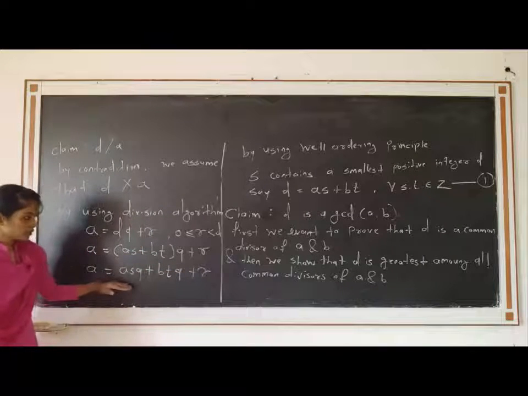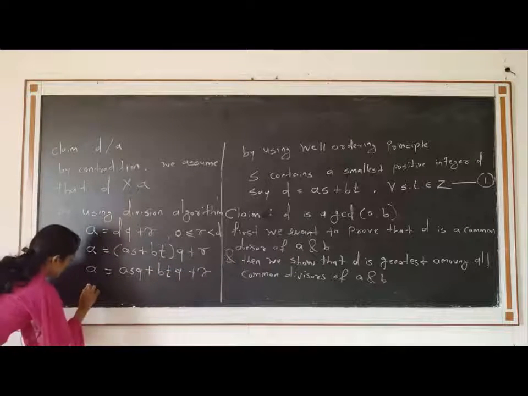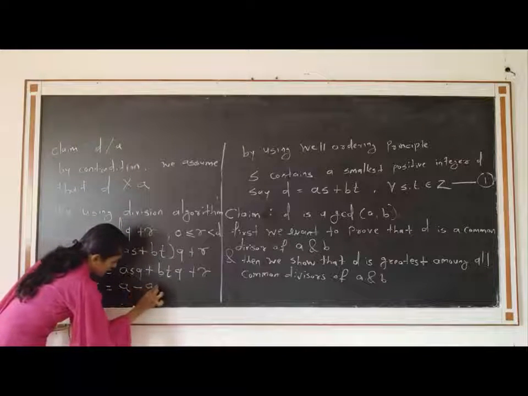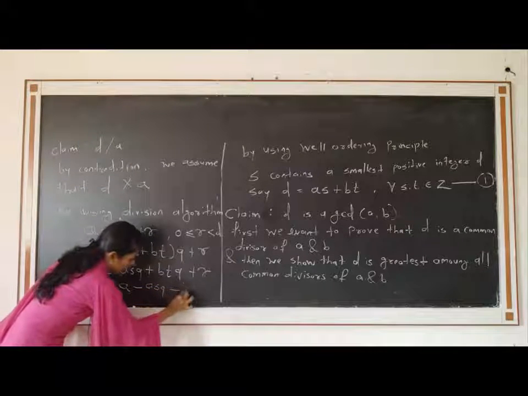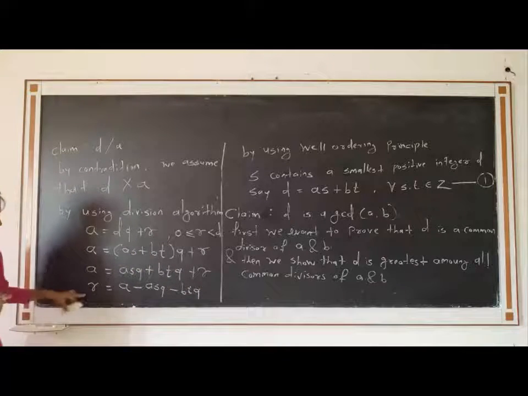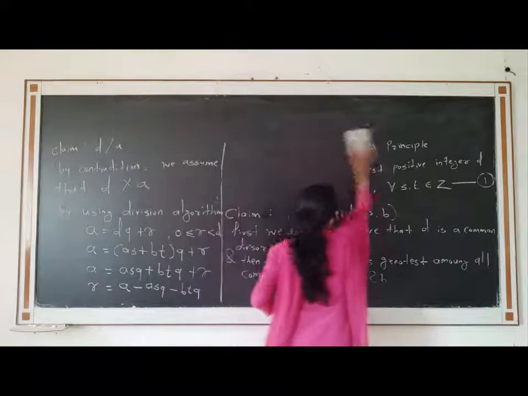Now here we want to find out the value of R. So R is equal to A minus ASQ minus BTQ. Now again simplify this equation.